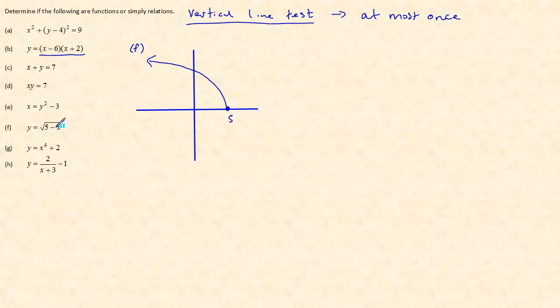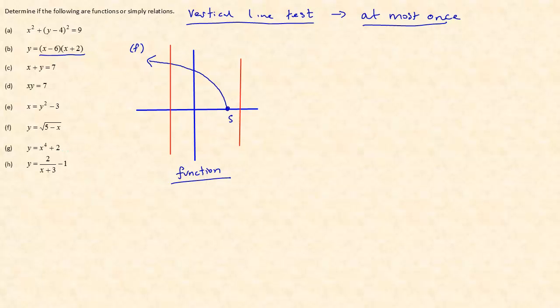If you think about x being a negative number, this is going to be a large positive number in here, so it's going to go like this. Any vertical line is going to cut once if it's over here, not at all if it's over here. Both of those are fine, so it's a function. Remember, at most once means it can cut no times at all.